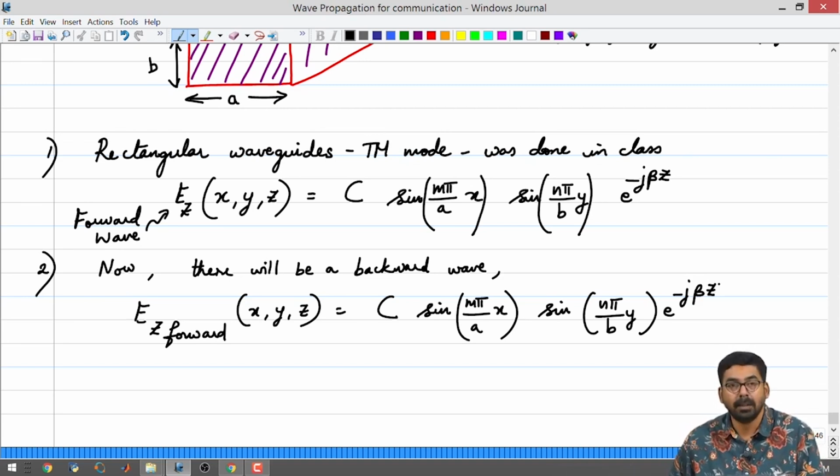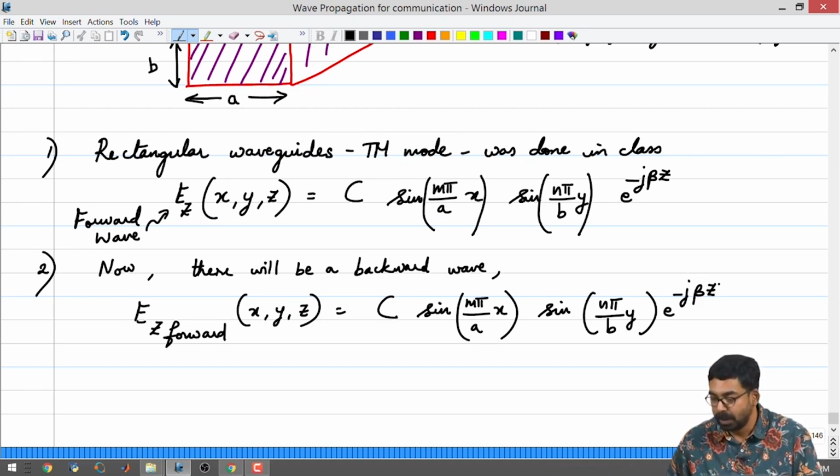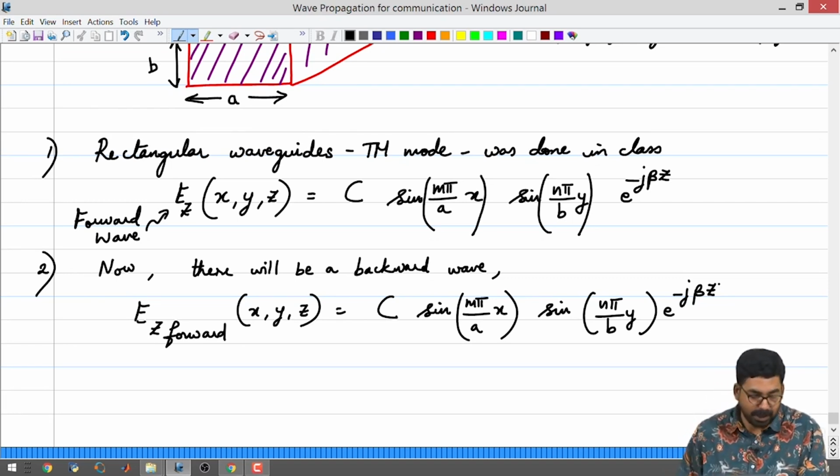M and n are the mode numbers. We also saw the details about what m and n could be. For the mode to exist, m or n should not be equal to 0. So, the fundamental TM mode will be 1 1. This we had already seen. So, I am just extending this.